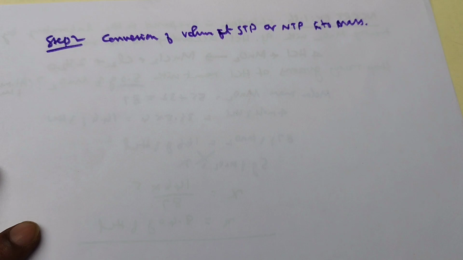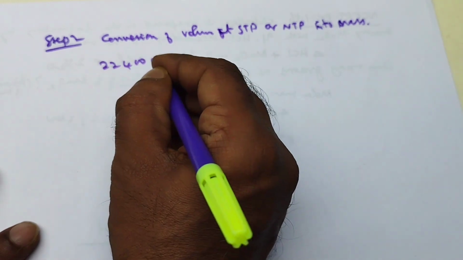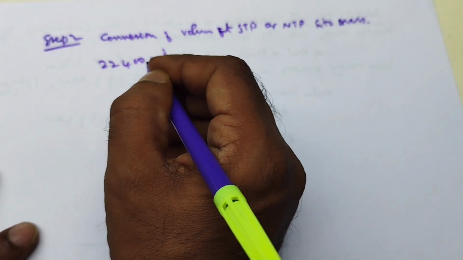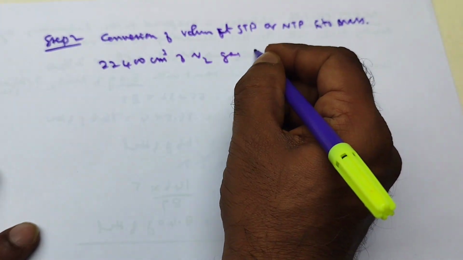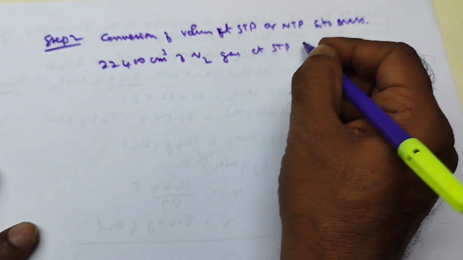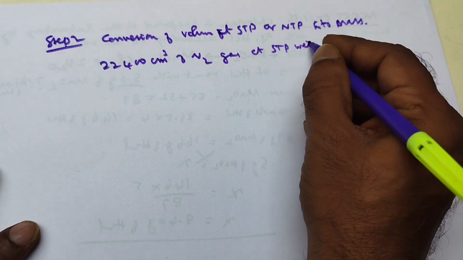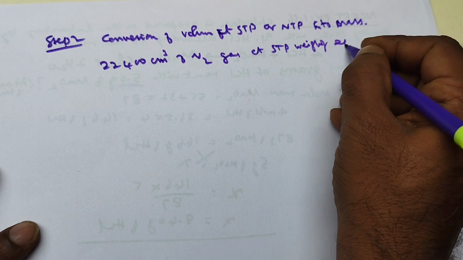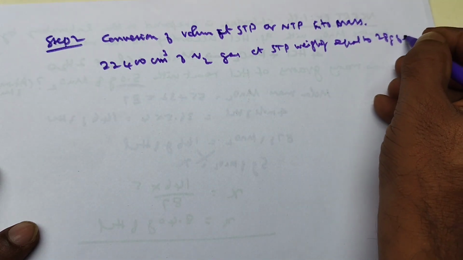According to the gram molecular volume, 22,400 centimeter cube or ml of N2 gas at STP weighs 28 gram of nitrogen.